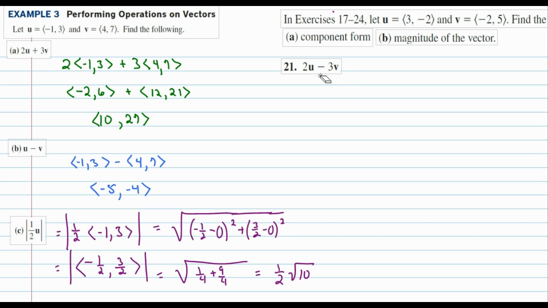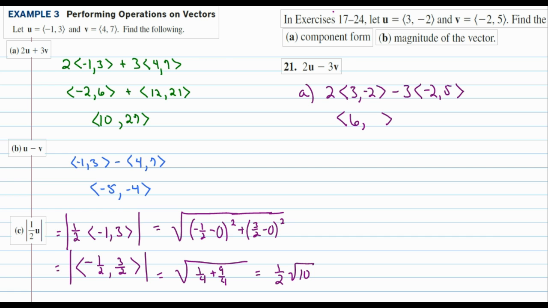Now try problem number 21. Find A, the component form, and then B, the magnitude of the vector. Okay, so 2 times u, so that's going to be 2 times 3 comma -2, minus 3 times the vector v. So here I'm going to distribute the 2.